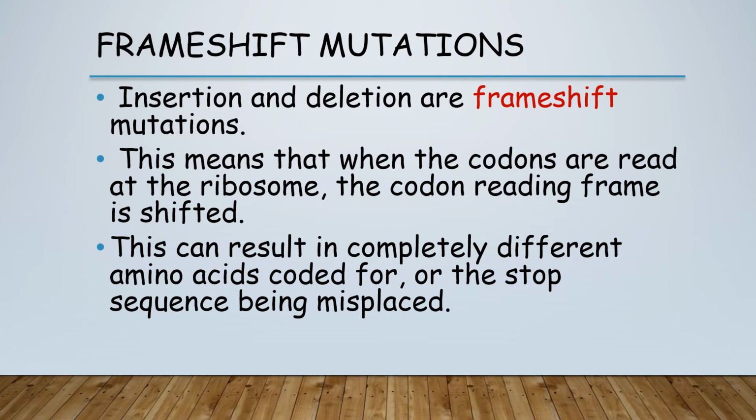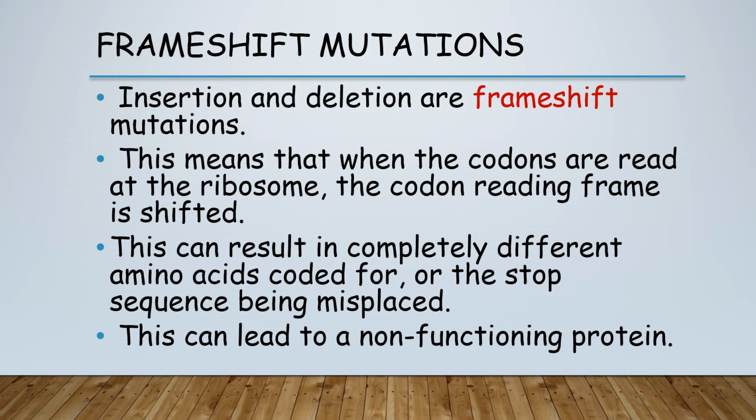Or, as we've seen in our nonsense, it could end up with a stop codon being misplaced. So again, if that happens early doors, then it could be really problematic. So this can often lead to a non-functioning protein for those reasons. So a huge swathe of amino acids changed and/or a stop codon misplaced, non-functioning protein results.